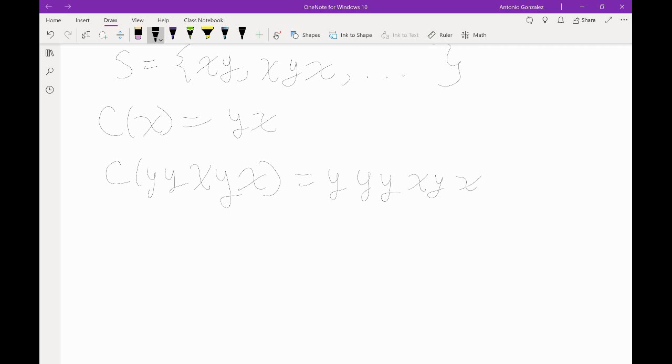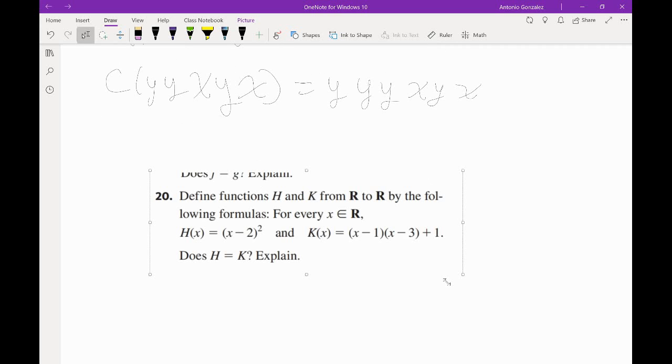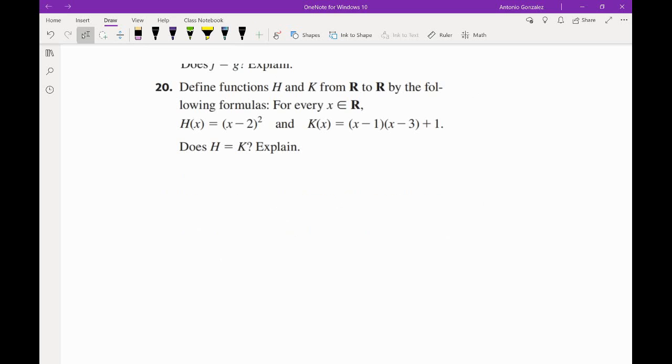Another question I got was regarding problem number 20, where it says define functions h and k from R to R by the following formulas. For every x in R, h of x equals (x minus 2) squared, and k of x equals (x minus 1) times (x minus 3), plus 1.